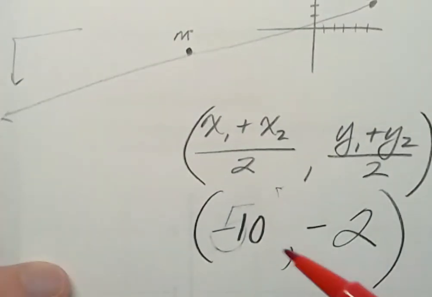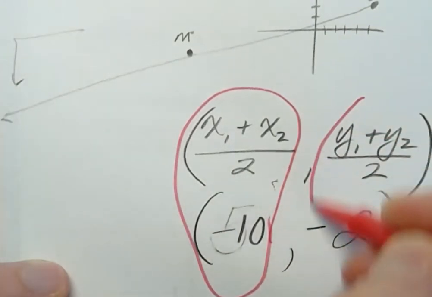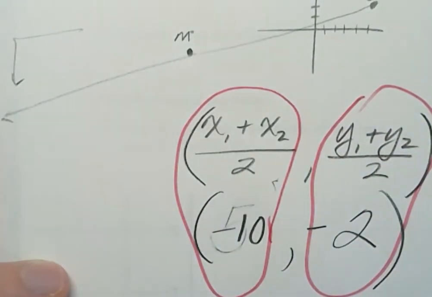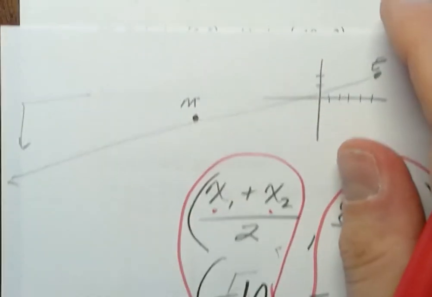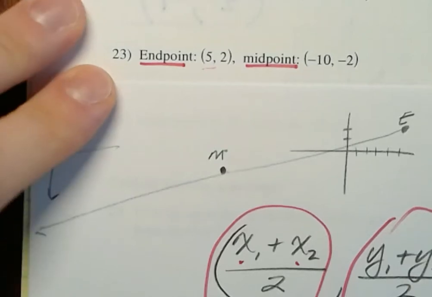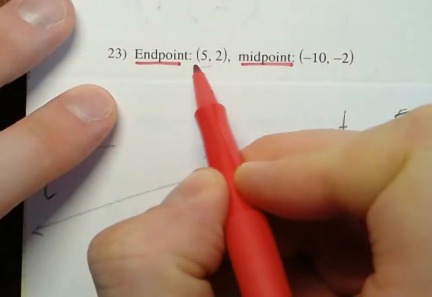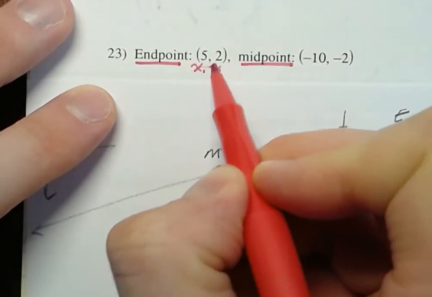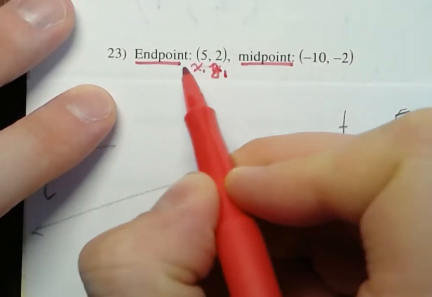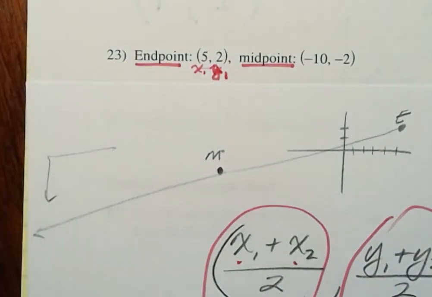Then we can just equate these two things and calculate what we have here. Now we're already told that one of the endpoints is 5, 2. And it doesn't matter if this is x1, y1, or if it's x2, y2. Just take your pick and shove it in here somewhere.